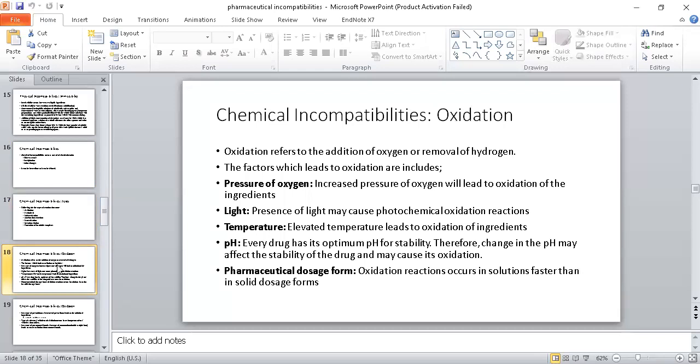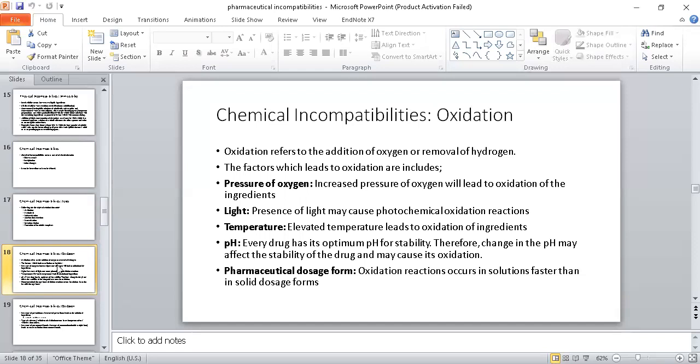First, oxidation. Oxidation refers to the addition of oxygen or removal of hydrogen. The factors which lead to oxidation include air, that is, pressure of oxygen. Increased pressure of oxygen will lead to oxidation of the ingredients. Then light.